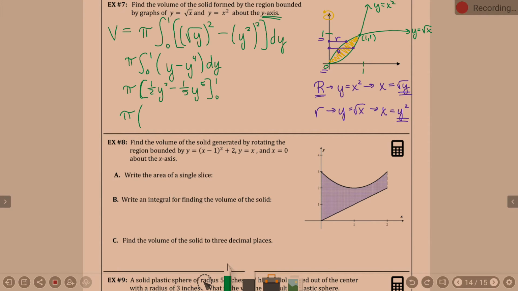Pi times, when I put the 1 in, 1/2 minus 1/5. The zeros are going to be nothing. It's going to be pi times 1/2 minus 1/5, 5/10 minus 2/10. So I'm going to have 3 pi over 10. Okay.